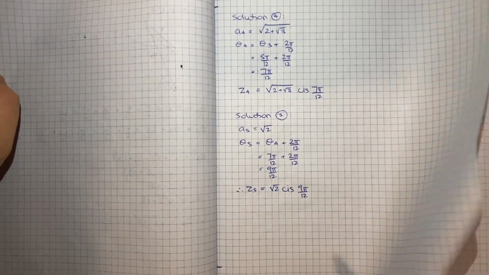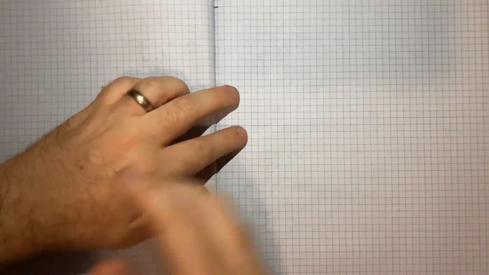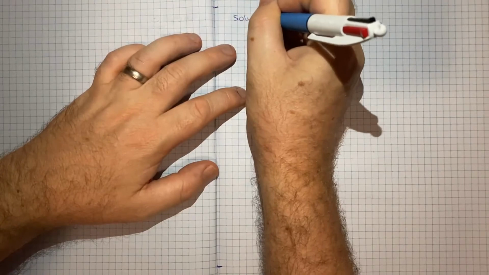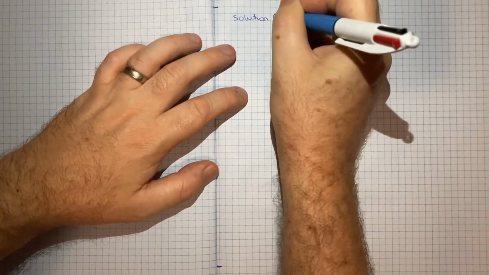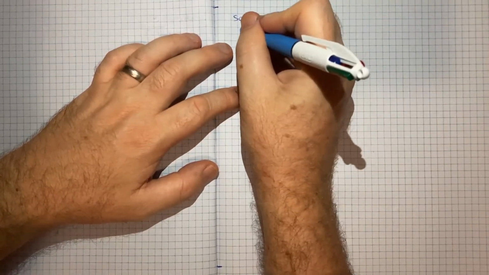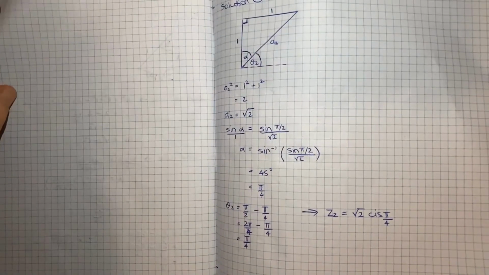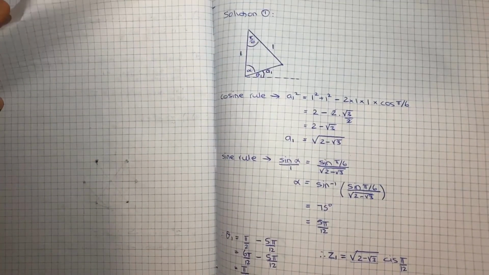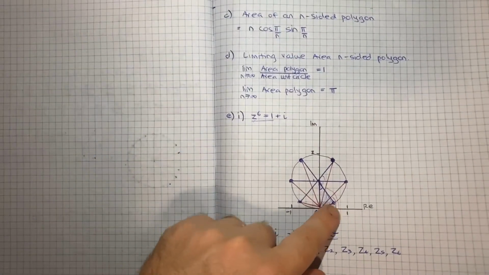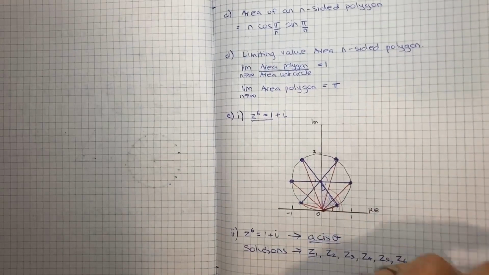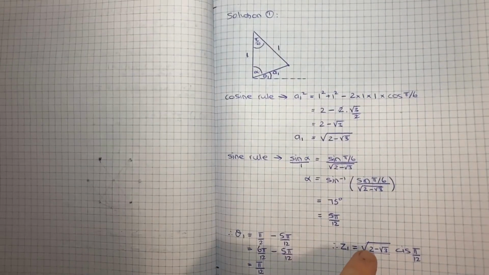I might just turn over for solution 6. The last one, very last part of this question. A6 will be, just to make sure I don't get this wrong, it's the same as A1, we can see. And that was root 2 minus root 3.